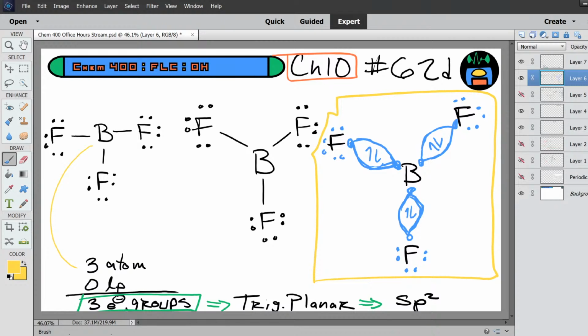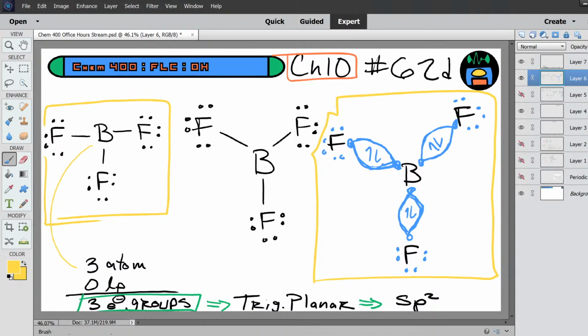Well, so it actually depends upon how you draw the Lewis structure. So this would be the three-dimensional representation. It's trigonal planar, so it's flat. This would be the drawing based off of this Lewis structure, this resonance structure.